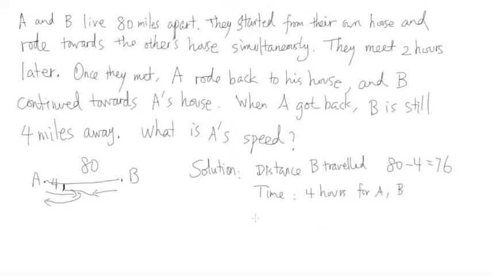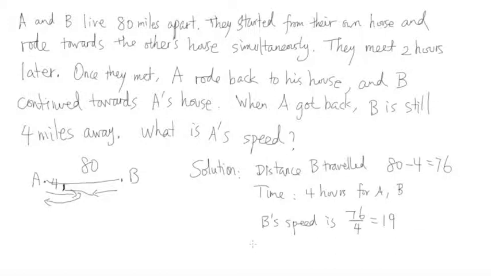Okay, so what does that mean? That means B's speed is 76/4, which is 19. Okay, 19 miles per hour. But how does that help for calculating A's speed?